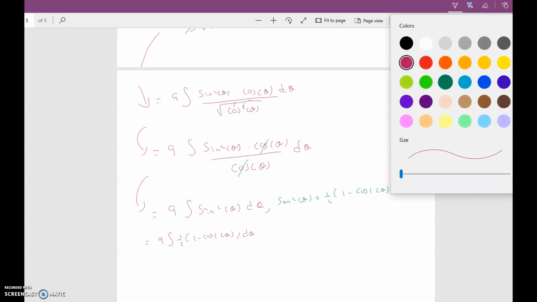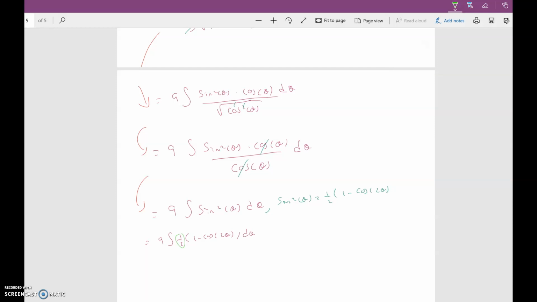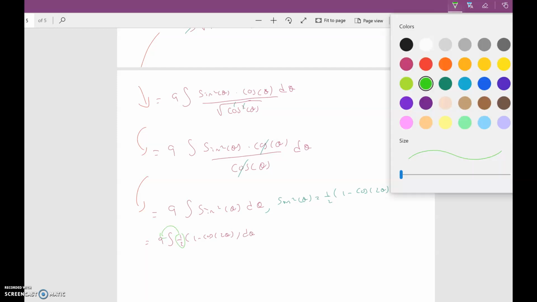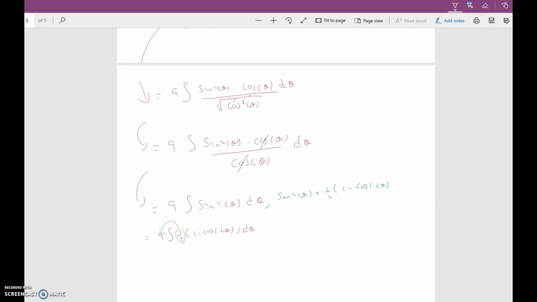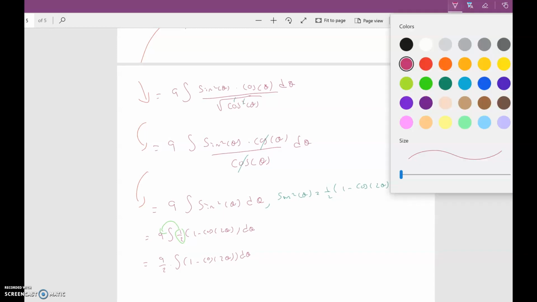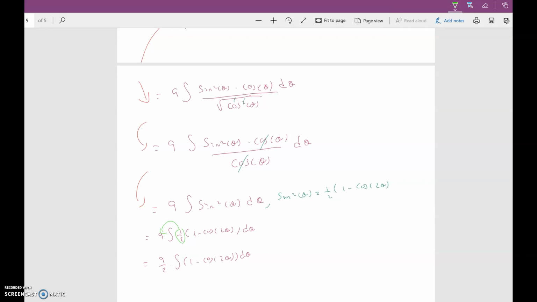Let me extract the constant to the outside. So this is equal to 9/2 times the integral of 1 minus cosine of 2 theta d theta. And let me just move the integral up here. I think we can fit it.